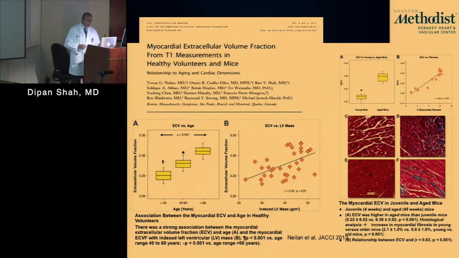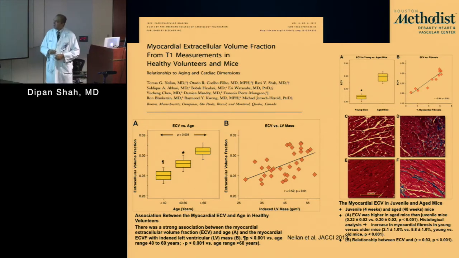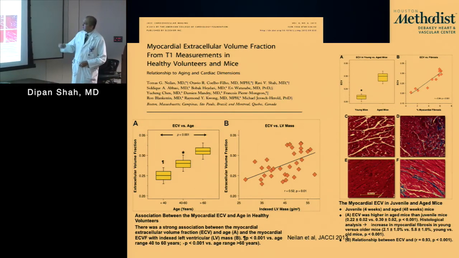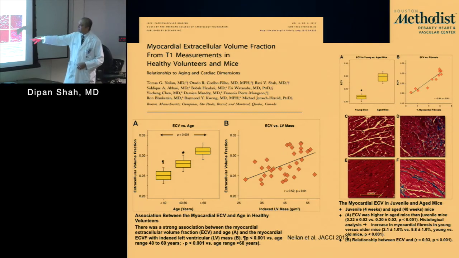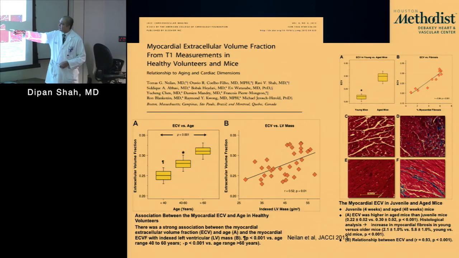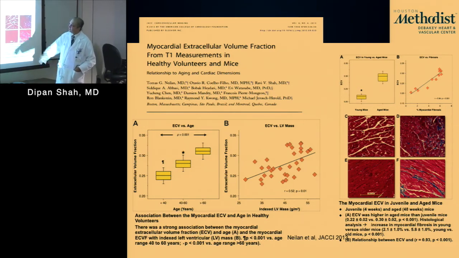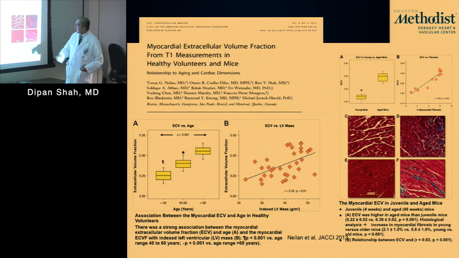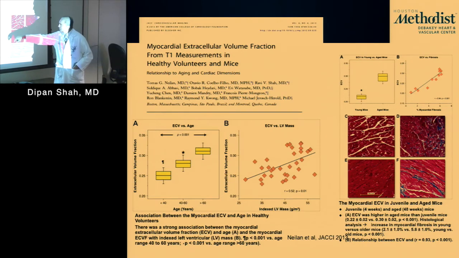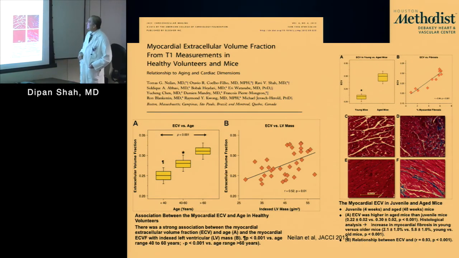This was another study looking at both humans and mice. In this study, they were able to demonstrate a couple of findings in humans. One is that the extracellular volume seemed to increase with increased age, and that there's some relationship between extracellular volume and left ventricular mass.